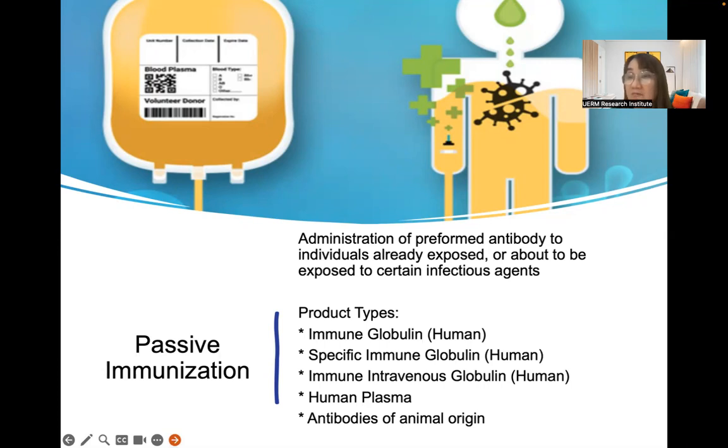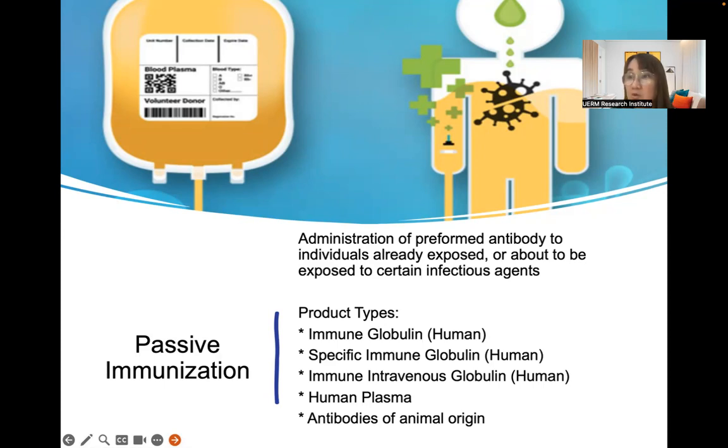Number 2, specific immunoglobulin, which is also used in some post-exposure situations, but specific for the particular disease condition when time does not permit adequate protection by active immunization alone. Examples are hepatitis B immunoglobulin, rabies immunoglobulin, tetanus immunoglobulin, and varicella zoster immunoglobulin.